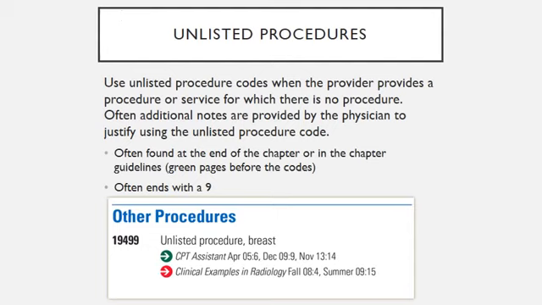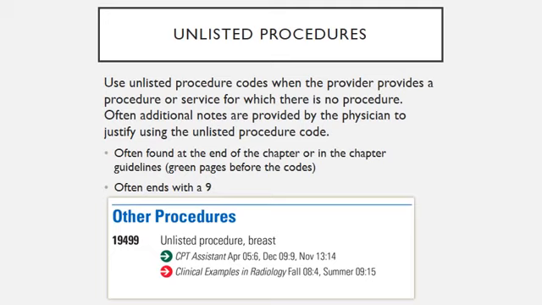Unlisted procedures. We use unlisted procedures when the provider provides a procedure or service for which there is no procedure code. Often, additional notes are provided by the physician to justify using the unlisted procedure code. And these unlisted procedures are often found at the end of the chapter or in the chapter guidelines, the green pages before the codes.